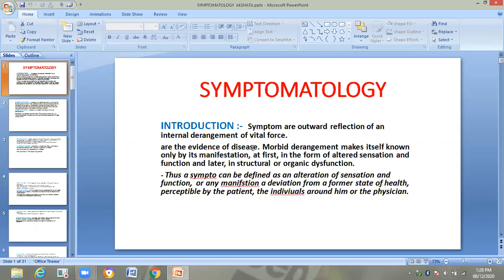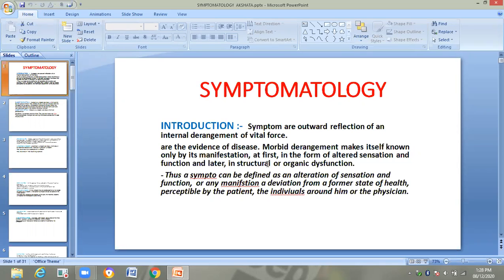So the symptoms are nothing but the evidence of disease. Morbid derangement makes itself known only by its manifestation, at first in the form of altered sensation and function, and later in structural or organic dysfunction.